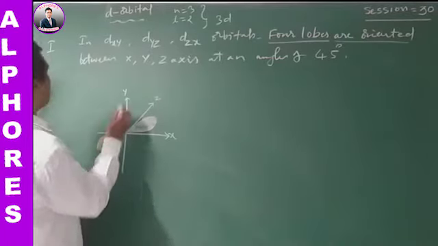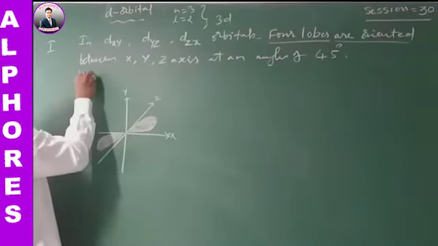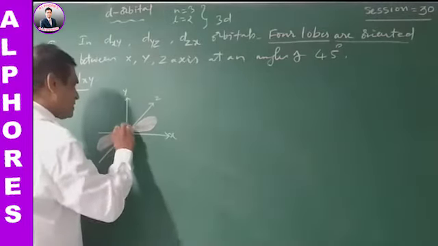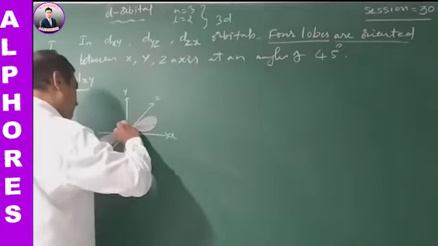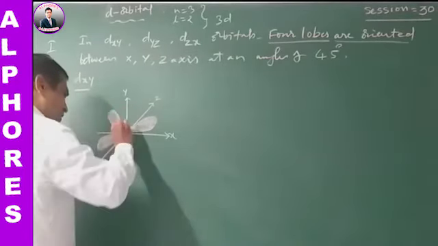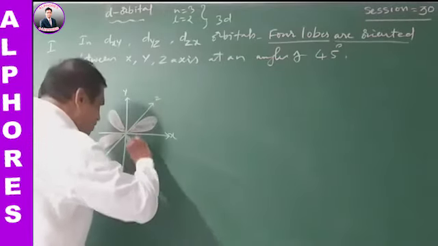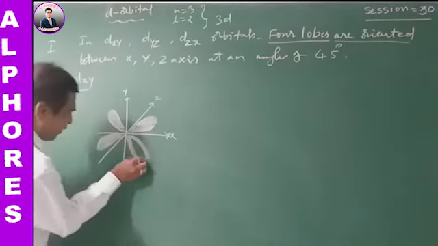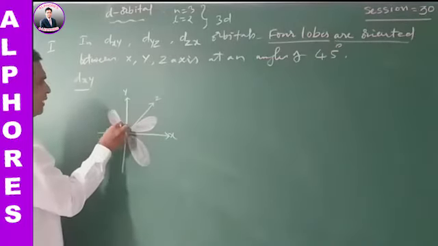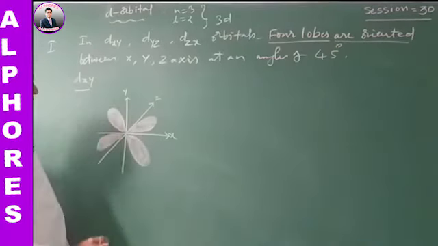Next it is dxy. The lobes are oriented between the axes, like this.